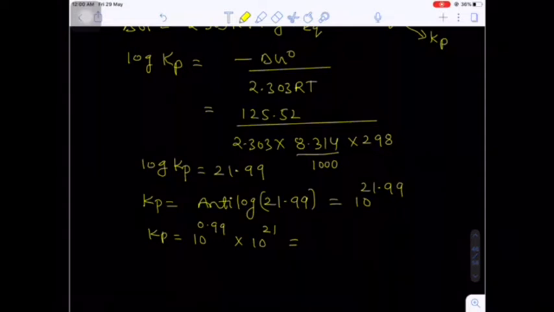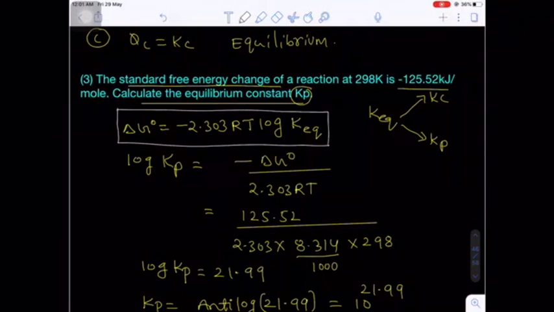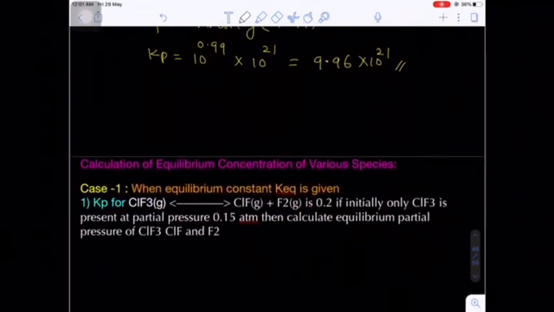Nearly, if you want to write the answer, you can take the 10 raised to 0.99 as 10. But strictly speaking, this value is 9.96 into 10 raised to 21. So this is a very important relation. What is the relation here? Delta G naught equal to minus 2.303 RT into logarithm of K equilibrium.